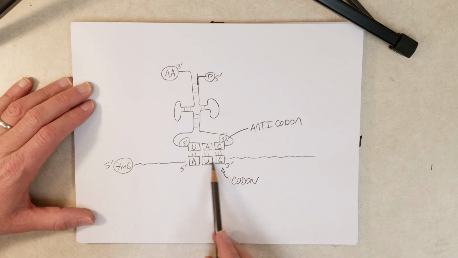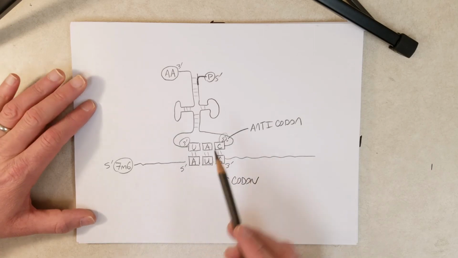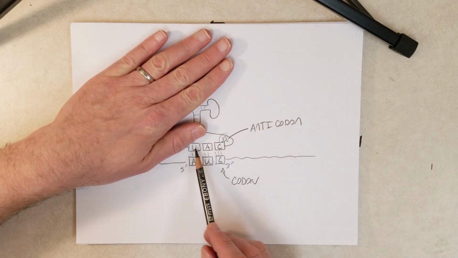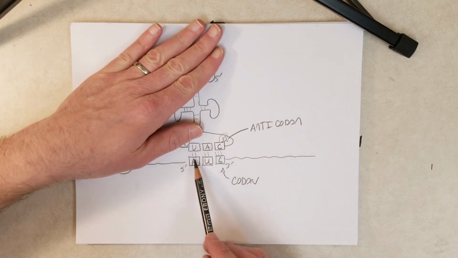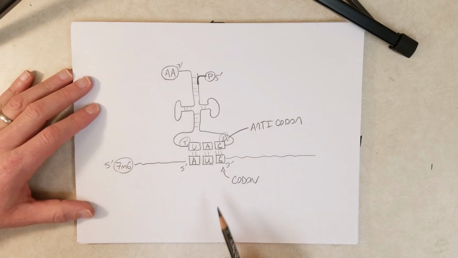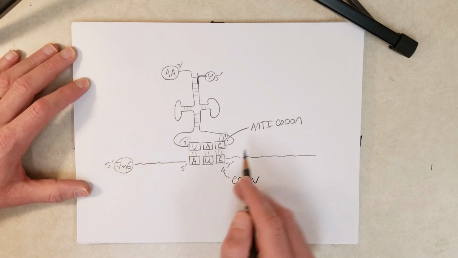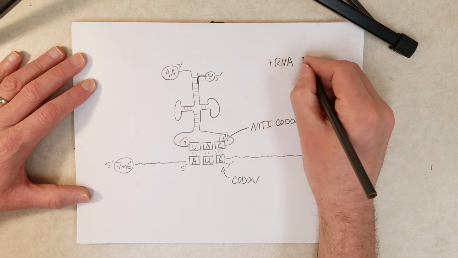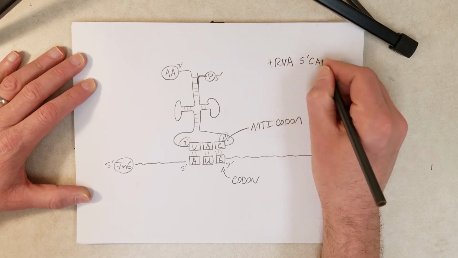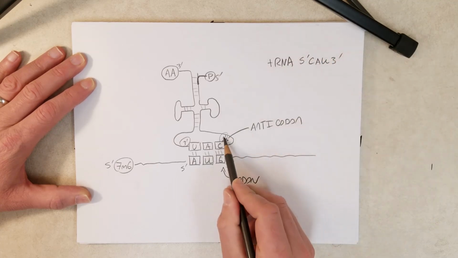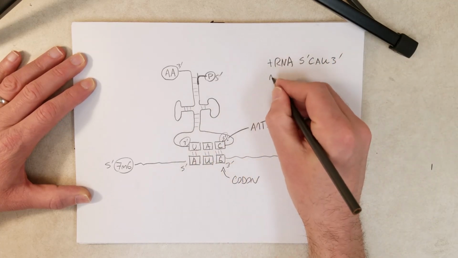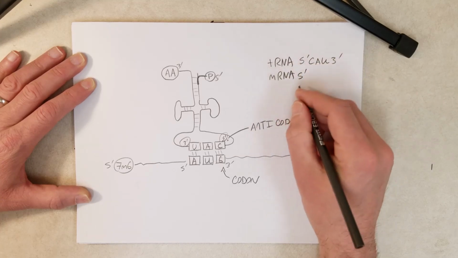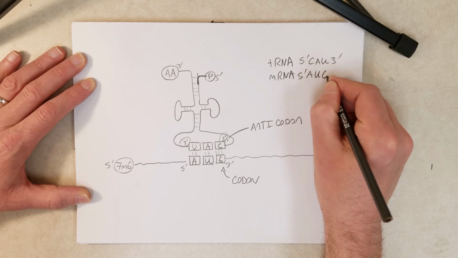But if we just had these bases, and I wasn't showing the rest of the codon, you would know that the anticodon, when it's paired up with the codon, has to be antiparallel. So if I diagram up here, the anticodon of this tRNA is 5' CAU 3'. And it recognizes a messenger RNA with a codon 5' AUG.